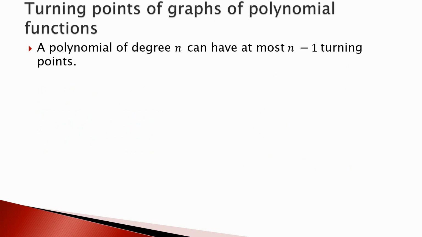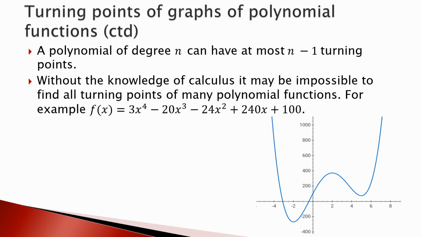A polynomial of degree n can have at most n minus 1 turning points. That can also be proven using calculus, but in this course we are not going to prove that. So without the knowledge of calculus, it may be impossible to find all turning points of many polynomial functions.